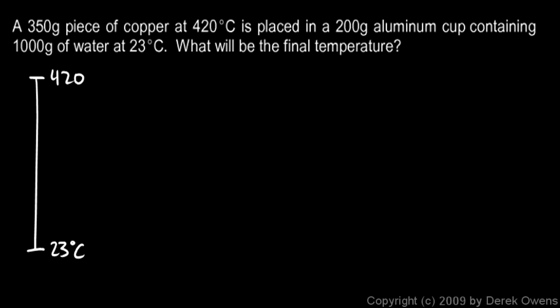The final temperature, we know without any doubt, is going to be somewhere in between the 23 and the 420. So I'll just draw TF right there. I don't know exactly where it is, but I know it's going to be somewhere in there. In other words, the copper cools down this much, and the aluminum cup and the water in it warm up that much. And we'll use those differences in temperature when we set up the problem.